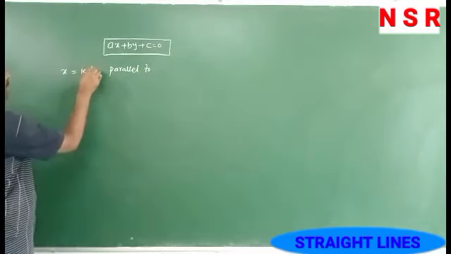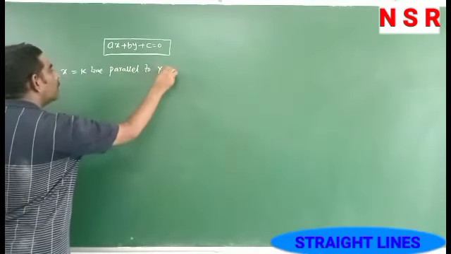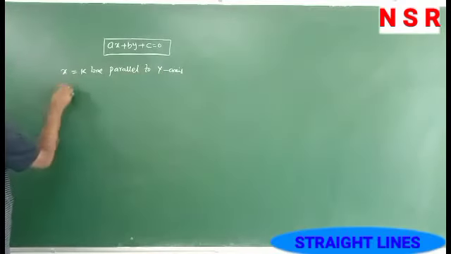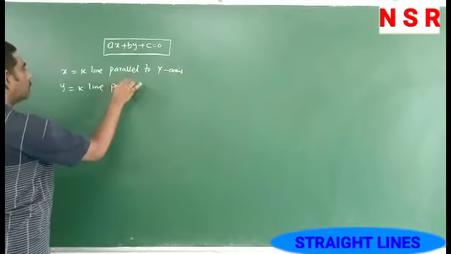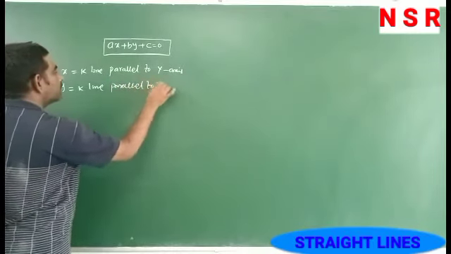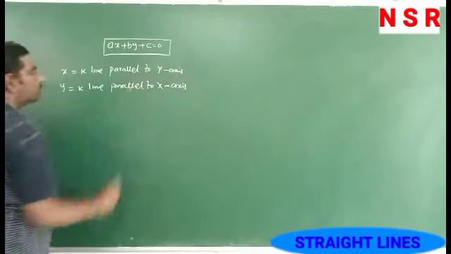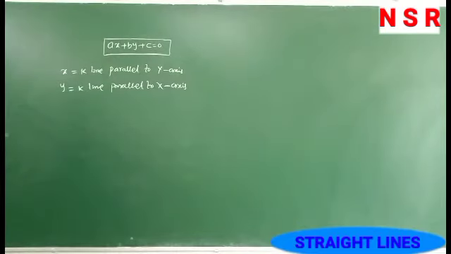The line x equal to k is parallel to the y axis and the line y equal to k is parallel to the x axis. So these two points are also very important. So what is the definition of straight line? It is a first degree equation with two variables.